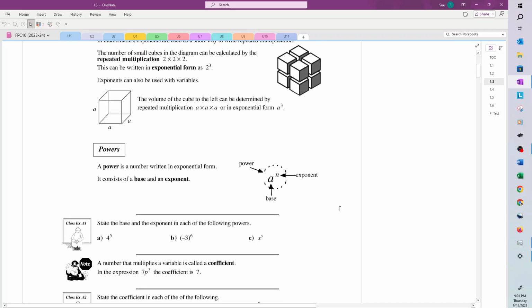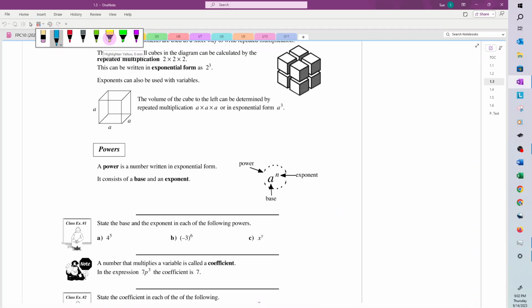A power is what we call it when we have something to an exponent. This whole thing is called a power. The base is the bottom bit, the number that you are writing or multiplying by itself repeatedly. That's the base, and the exponent is how many times you are doing that.